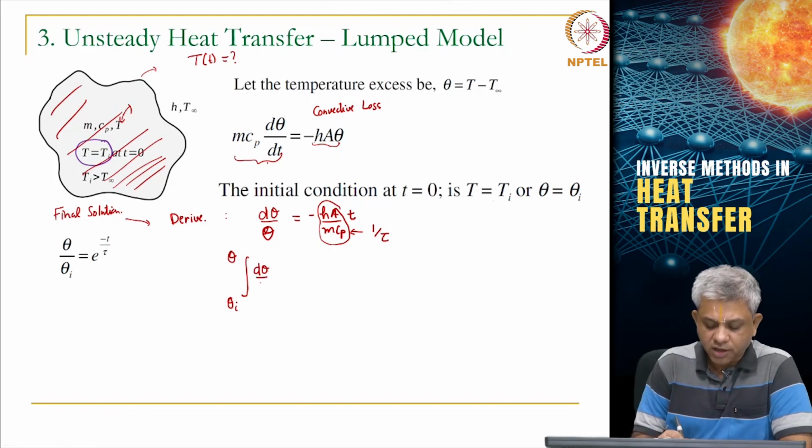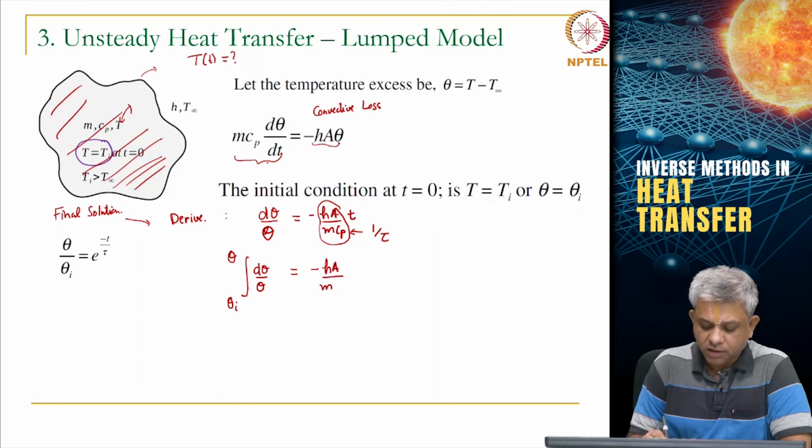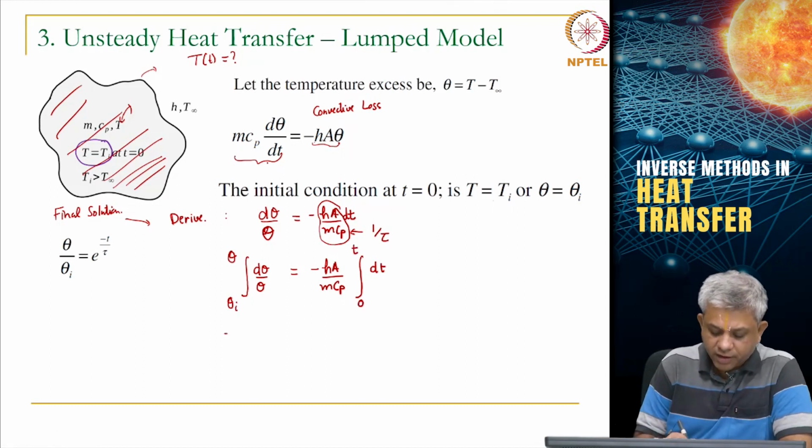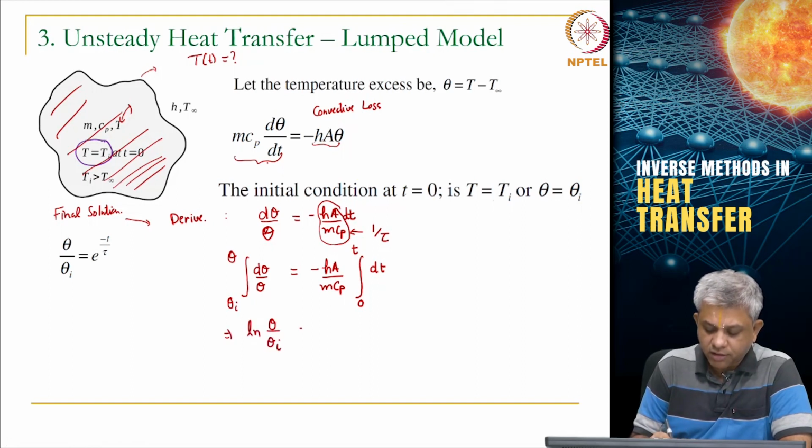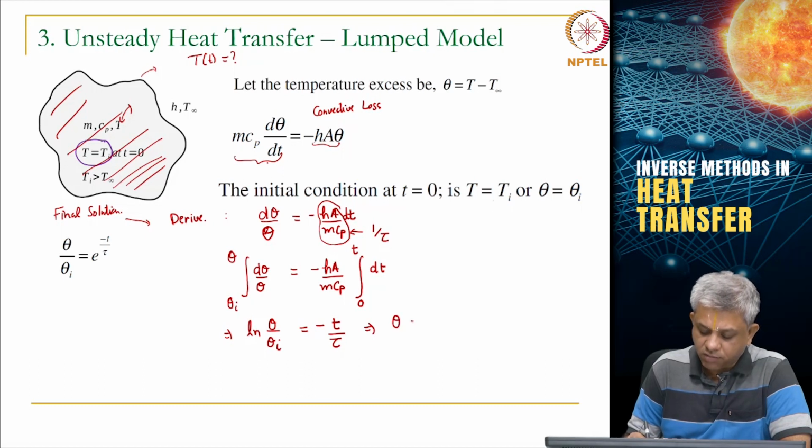So, d theta by theta from here to here is minus hA by mCp, integral of dt from 0 to the current time. If you do that, you will see ln of theta by theta i equal to minus t by tau. So, this means theta equals theta i e to the power minus t over tau.